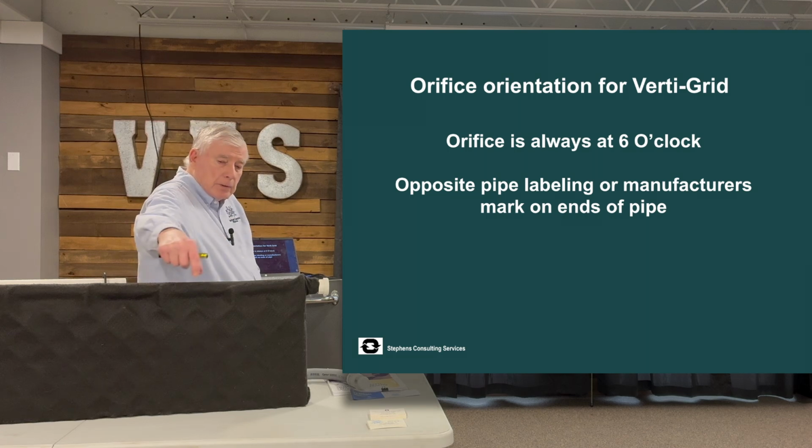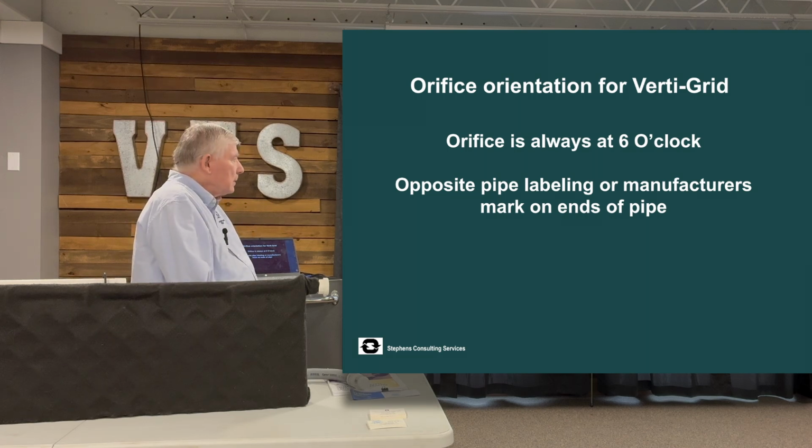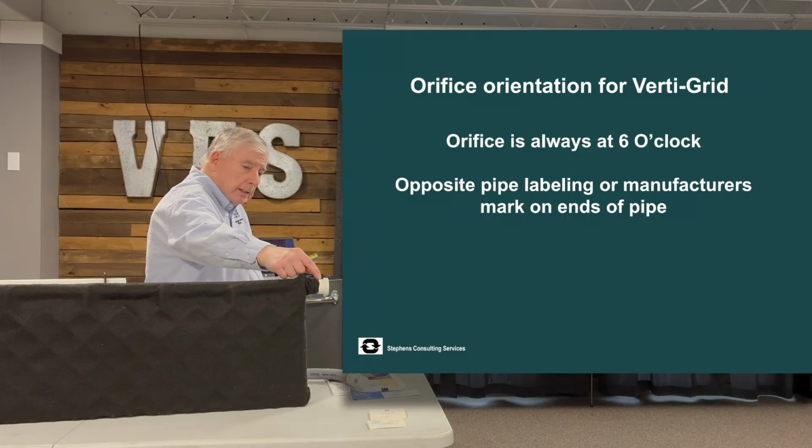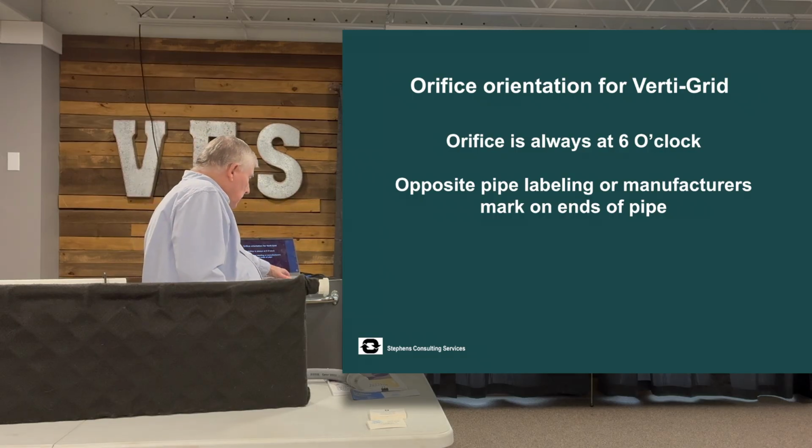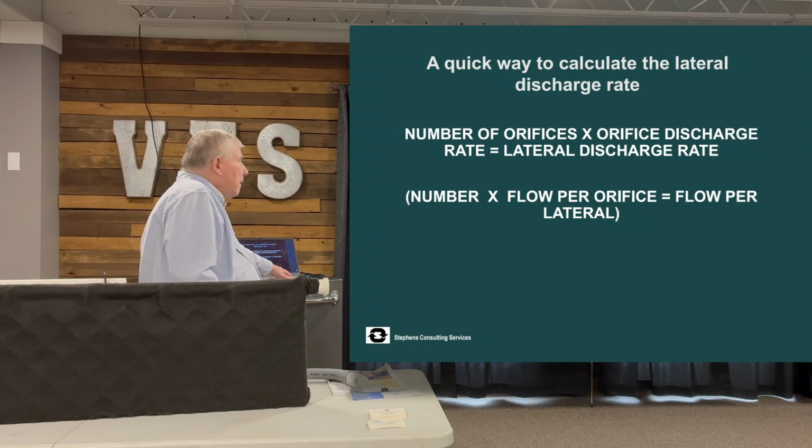We talked about this. The orifice here is always manufactured at 6 o'clock, and there's supposed to be a mark on the end of the pipe in the up position, so that down from the opposite side of that pipe is the orifice.